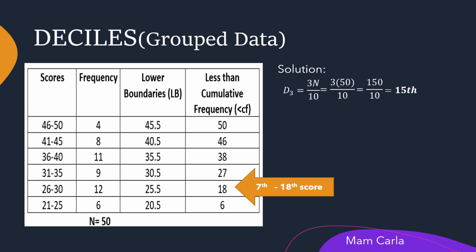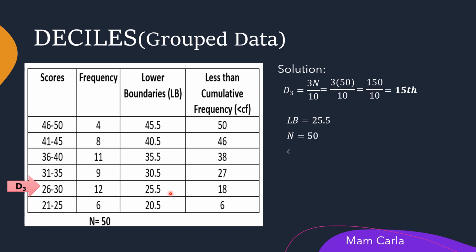With that, we're going to mark this 26 to 30 as our D sub 3 class interval. Now we're ready to identify the lower boundary, which is 25.5, and N is 50. CF sub b, or the cumulative frequency below the D sub 3 class, is 6.